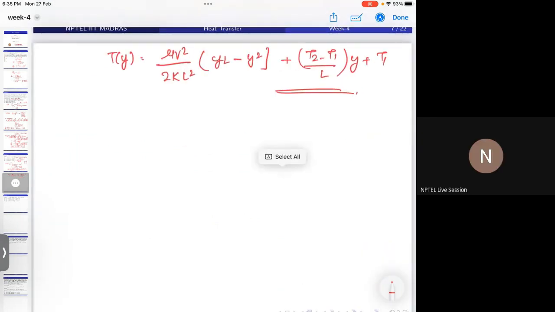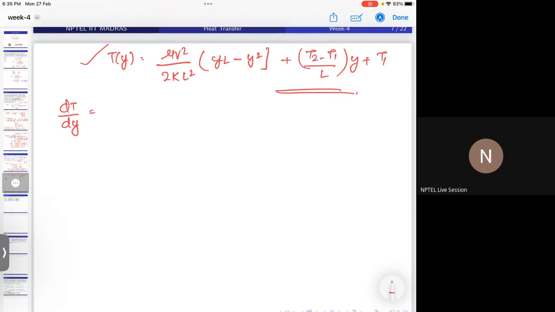First we will differentiate dT by dy. Can you please differentiate and tell me the expression for y? I will wait for 2-3 minutes. Just differentiate this equation with respect to y and let me know what expression you are getting.